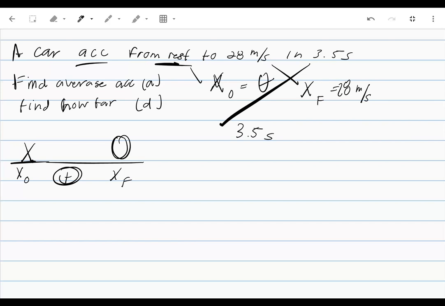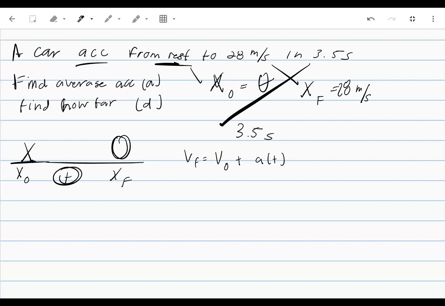In order to find acceleration, you want to use one of the first equations, which would be your final velocity equals your initial velocity plus acceleration times time.